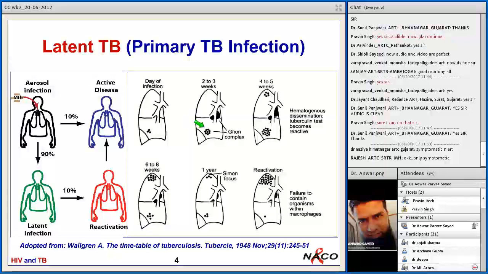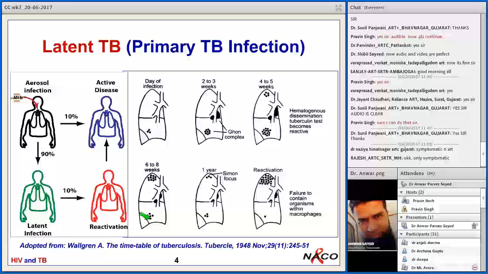And what happens is there is something called primary dissemination of TB bacilli. If this Ghon complex or Ghon focus comes in contact with the lymphatics or the blood vessels, there will be hematogenous dissemination of these TB bacilli throughout the body. It enters the bloodstream and goes to all parts of the body, and it gets lodged in various areas. For example, the apex of the lung is one of the common areas where it will get lodged.